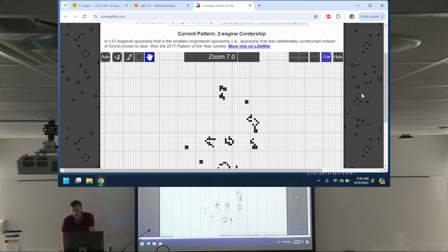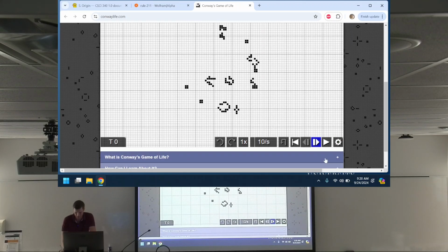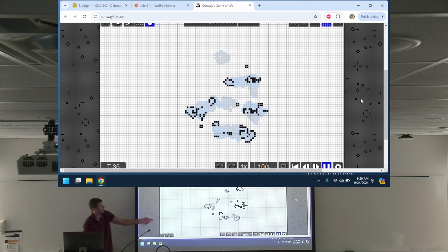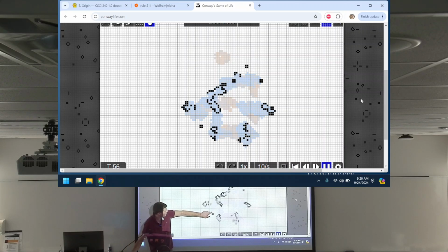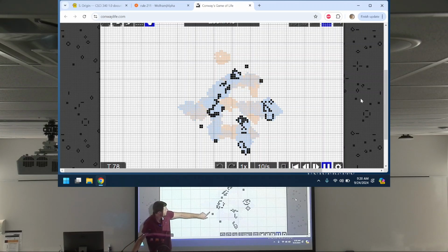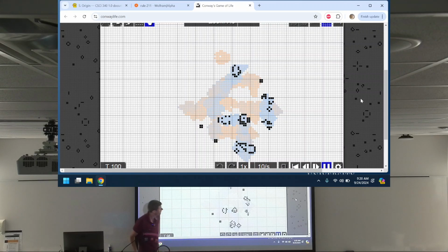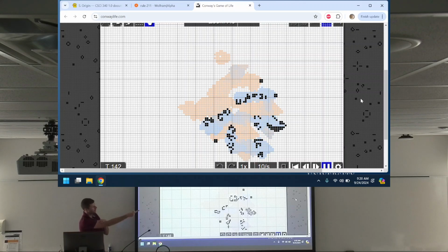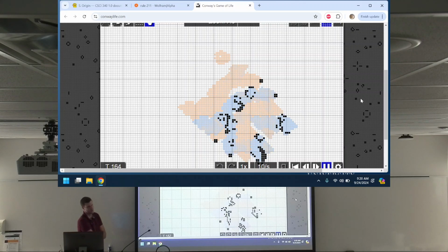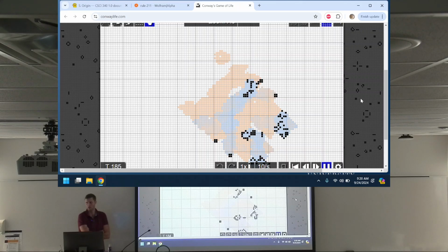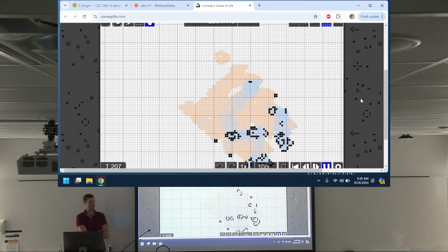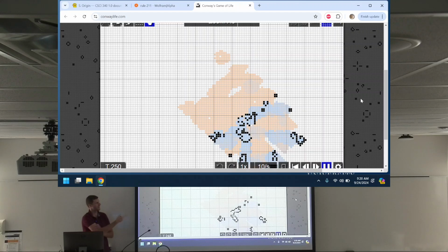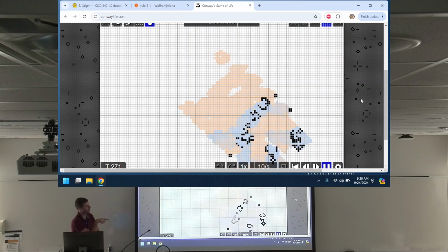And with these hilariously simple little rules, we can hit play and simulate this. The light baby blue is just kind of showing, and it looks like it fades over time. Will this ever end? You want to know the correct answer? Like, will this ever become stable or metastable?